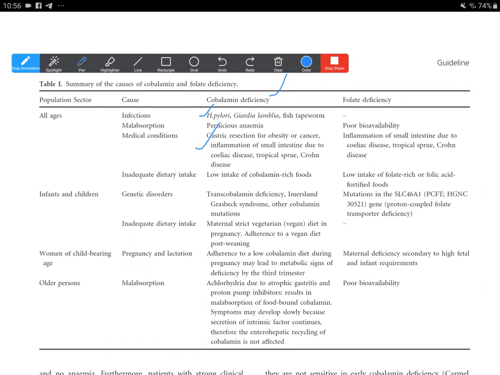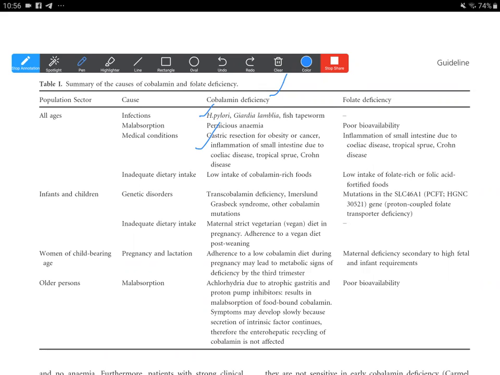There are also intestinal causes like celiac disease, tropical sprue and Crohn's disease, which would affect the absorption part of it, because intrinsic factor secretion is by the gastric parietal cells.